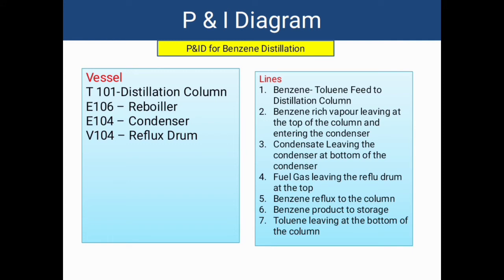It contains T101 distillation column, one distillation column, E106 one reboiler, E104 one condenser, V104 one reflux drum, and the lines: benzene-toluene feed to the distillation column, benzene-rich vapor leaving at the top of the column, condensate leaving the condenser at the bottom of the condenser, fuel gas leaving the reflux drum, benzene reflux to the column, benzene product to storage, toluene leaving at the bottom of the column.